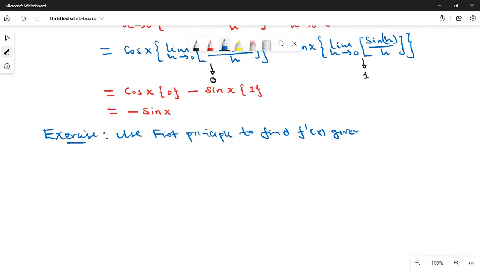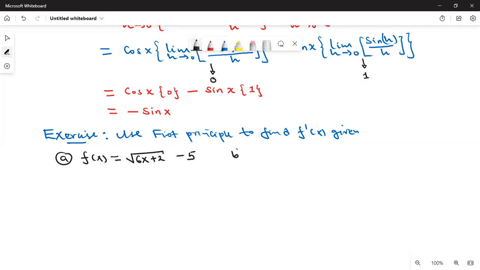Given in part A, let me use another color. In part A, you are told that f of x is equal to, let me give you this one. It is the square root of 6x plus 2, minus 5. The minus 5 is outside the square root.